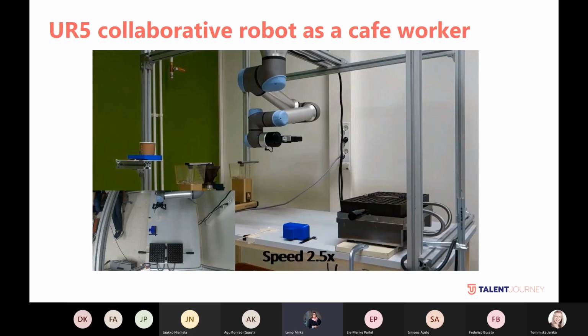Okay. This example is from our lab here at Satakunta University of Applied Sciences. This is the first collaborative robot we acquired 5 years ago. It is a Universal Robots model UR5.